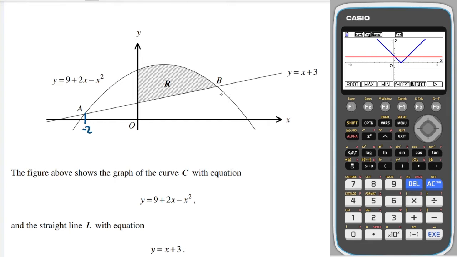So that's minus 2 and that's 3. Okay, now what we'll need to do is integrate, and I want to integrate between 3 and 0, and I want to integrate the curve, but I'll need to subtract the line, and that will give me the region.